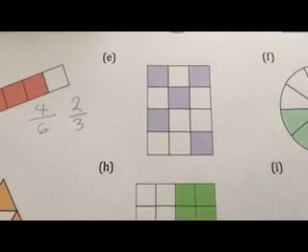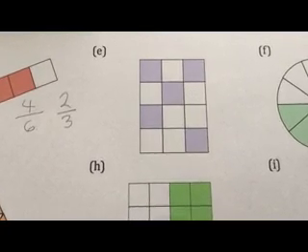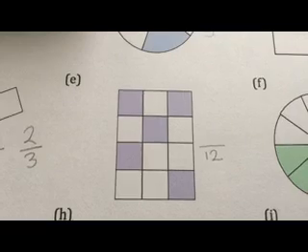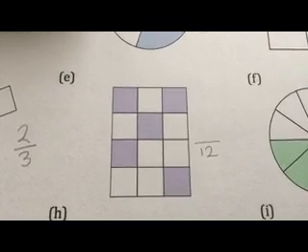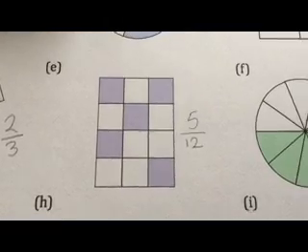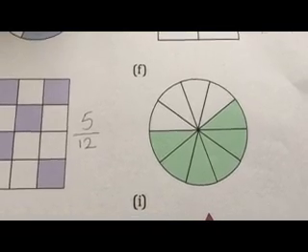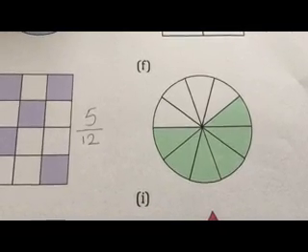Let's have a look at question E. How many pieces has it been cut into? It has been cut into 12 pieces and 5 of the pieces have been coloured. So you get 5/12. With question F, there are 10 pieces altogether.